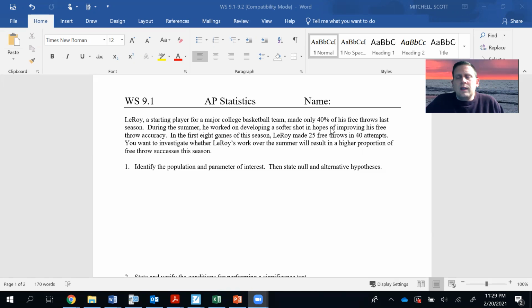In that case, we don't have anything to go off of except for other polls. But with this, we have something that is known to be true. This was a fact. He's a 40% shooter. But we're trying to see whether the work he did over the summer has improved it. So that's really what leads us to hypothesis testing. We have something that was known to be true, but now this happened, and it makes us think that this might not be true.